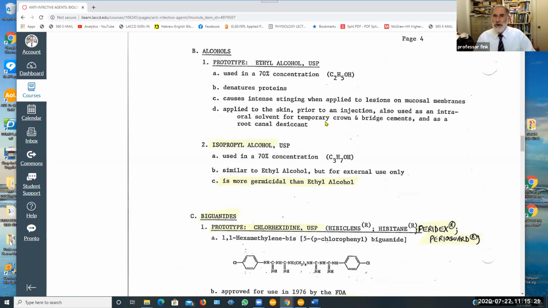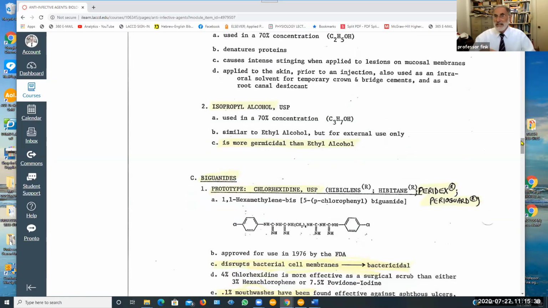But again, alcohols are irritating when applied directly to the skin. We've all had a cut and applied either, probably not ethyl alcohol, but isopropyl or rubbing alcohol, and it causes a stinging sensation because it actually irritates and kills human cells as well as bacterial cells.